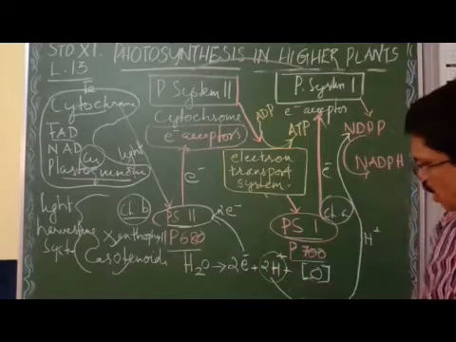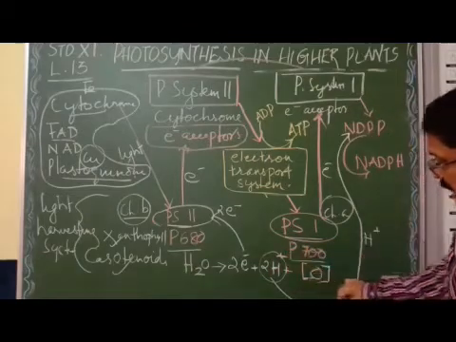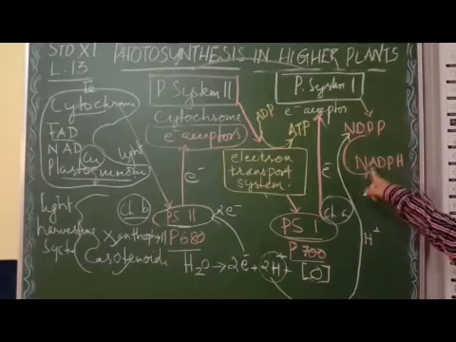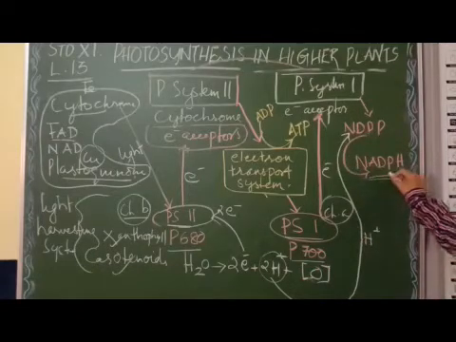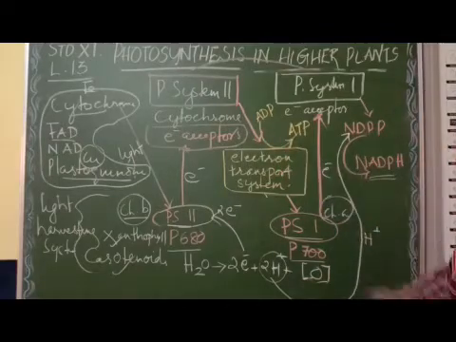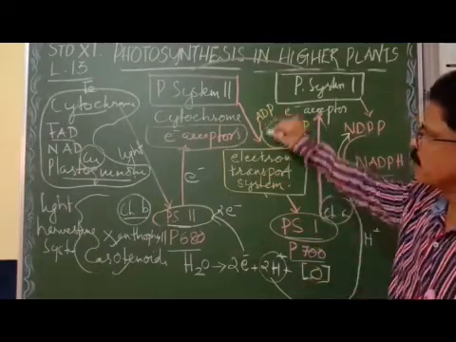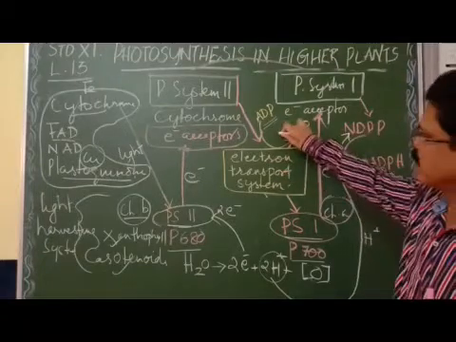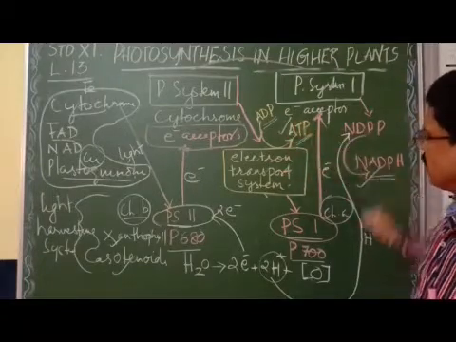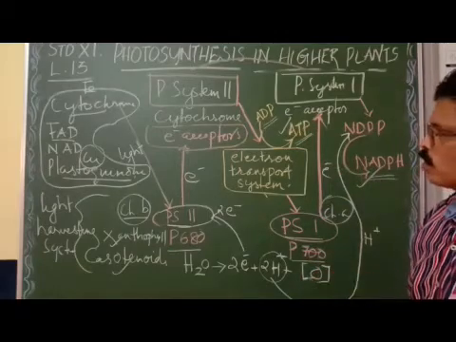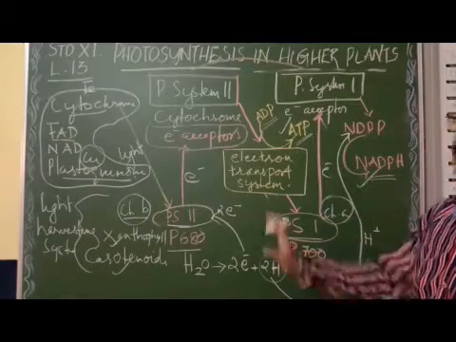And as the electrons move through the electron transport system, ADP, adenosine diphosphate, becomes phosphorylated to ATP. So ATP is generated and NADPH is generated. They are the high energy molecules formed during the light reaction. I am telling about the light reaction.